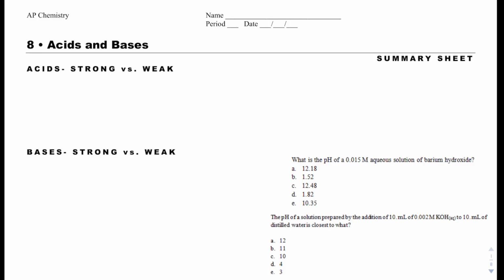Okay, so strong acids versus weak acids. First of all, acids donate H+. And so strong acids, there's some that you could memorize. I would not worry about memorizing which ones are strong because you'll have them on the test. But for example, HCl is a strong acid, and HCl dissociates 100% to produce H+ and Cl-.